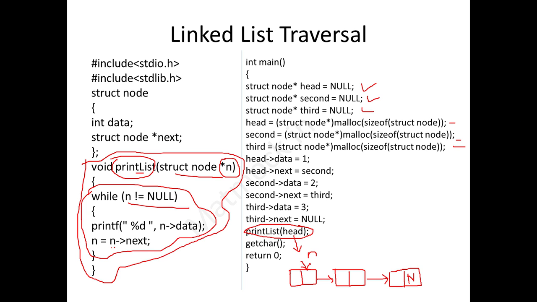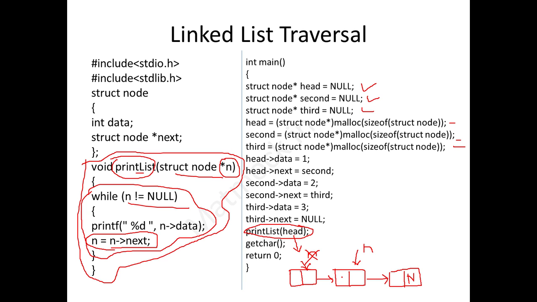Now n will point to the next node. For this we will write n is equal to n of next. Now n will point to the next node, and as n is pointing to the next node, it is not null, and again this while loop will continue.